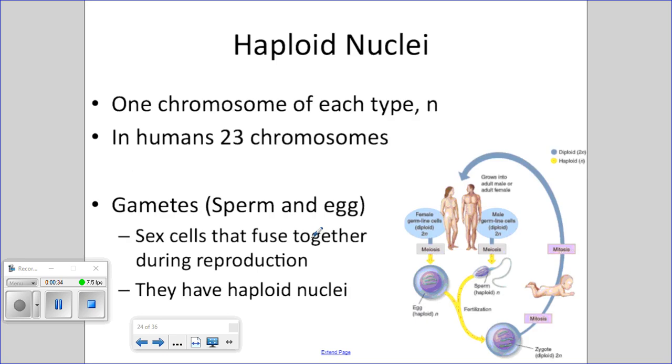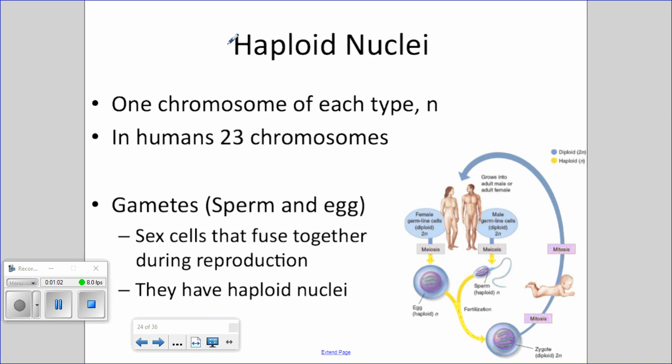So we'll start with haploid nuclei. Recall from the previous video, we ended with talking about homologous chromosomes. Homologous chromosomes have the same number of genes and the same types of genes, but they differ in their alleles. Our nuclei can be characterized as being haploid or diploid.